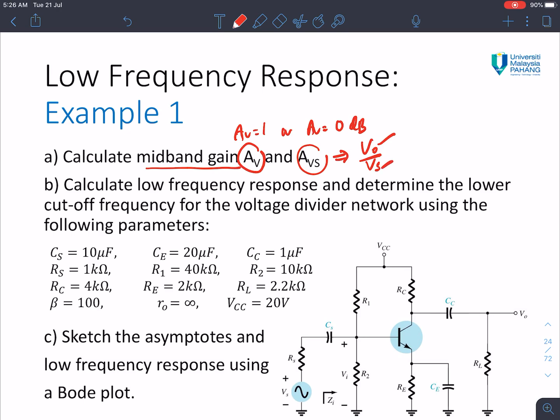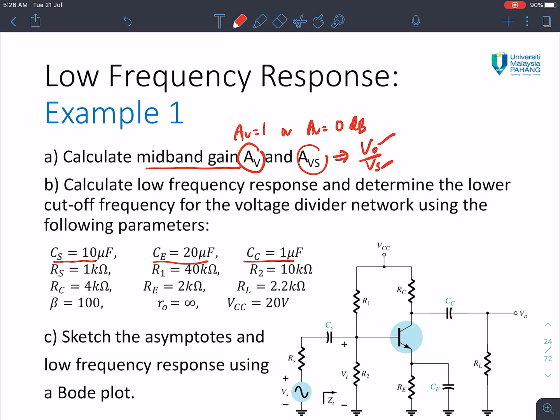B, calculate the low frequency response and determine the lower cut-off frequency for the voltage divider network using the following parameters. For the low frequency here, now we have to check all the capacitor values here.